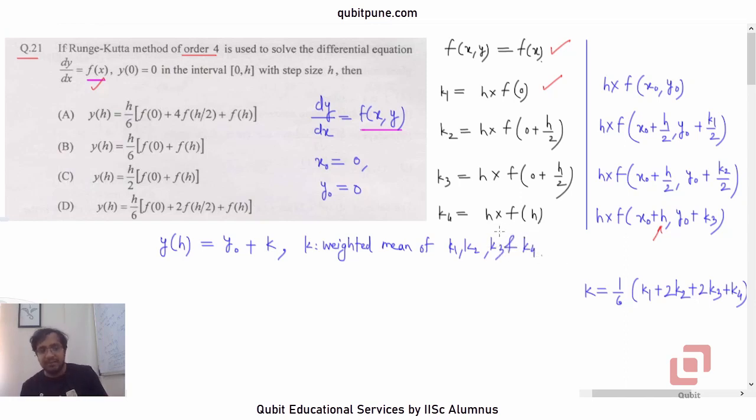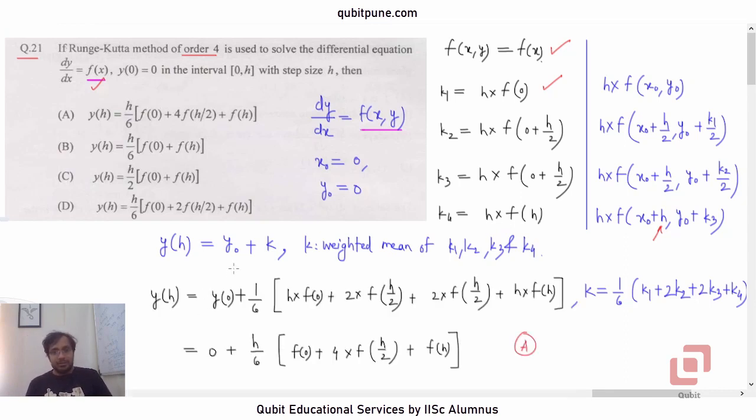Now we have got everything, so we'll say y of h is equal to y naught, or y at 0, plus 1 upon 6 into k1, so h into f of 0, plus 2k2, 2 into f of h by 2, plus 2k3, again 2 into f of h by 2, and finally k4, that is h into f of h. Y naught is already 0, 1 upon 6 as it is.